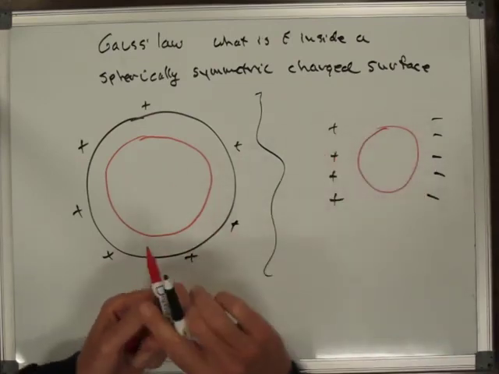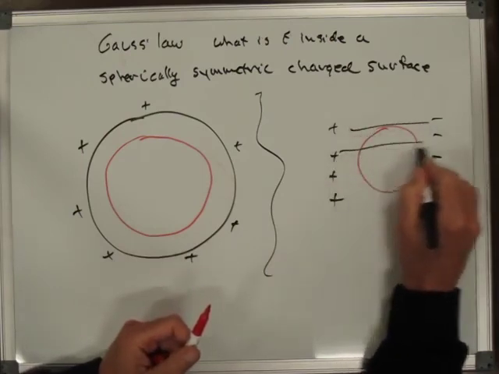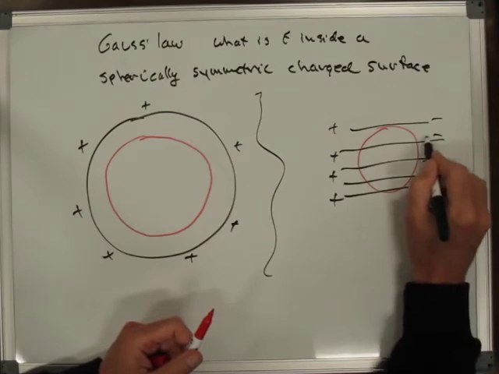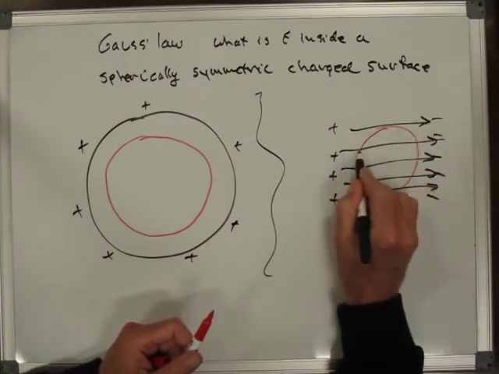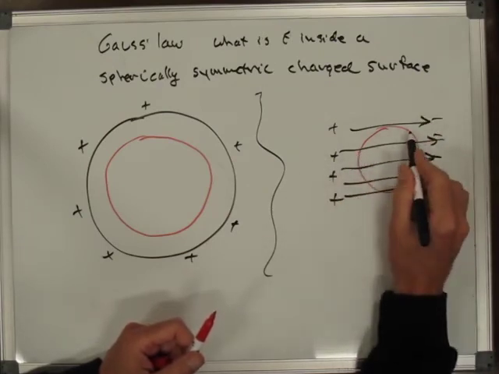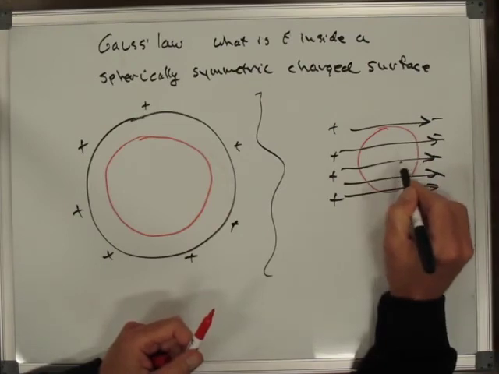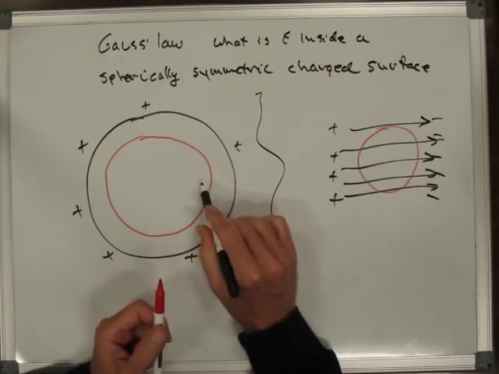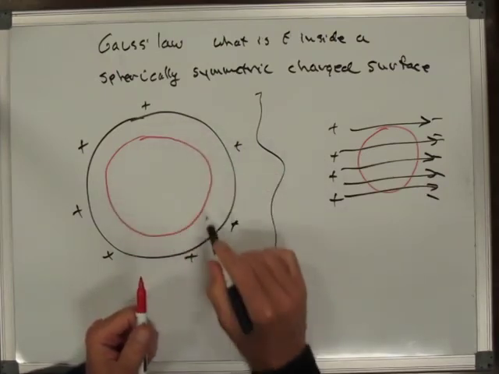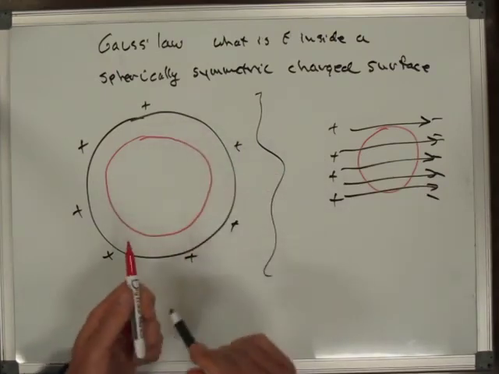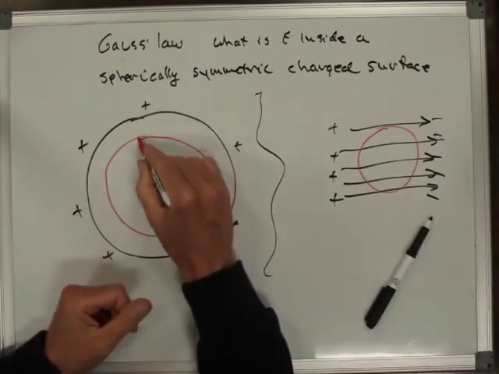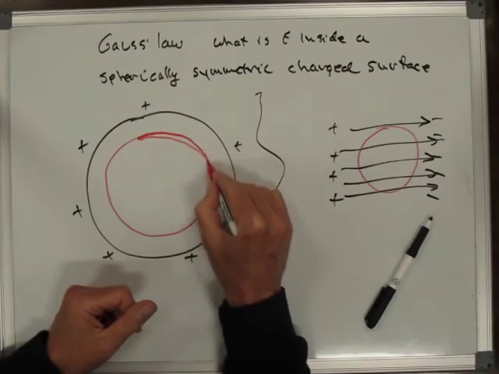But that just means that every electric field line that goes in on this side goes out on this side, and so the net flux is 0. It doesn't say the electric field is 0 everywhere. But you can use Gauss's law to show that in symmetric cases like this, the electric field has to be 0 everywhere inside the sphere. I'll show you that by doing this.